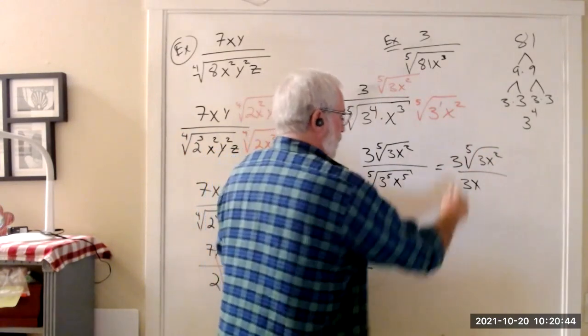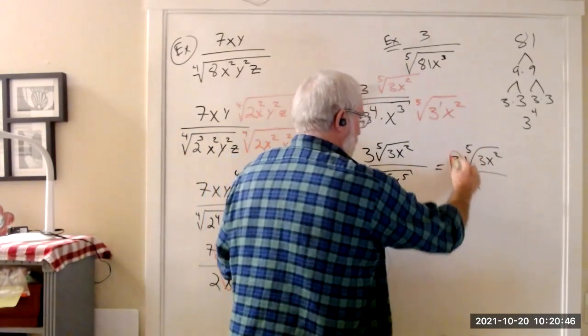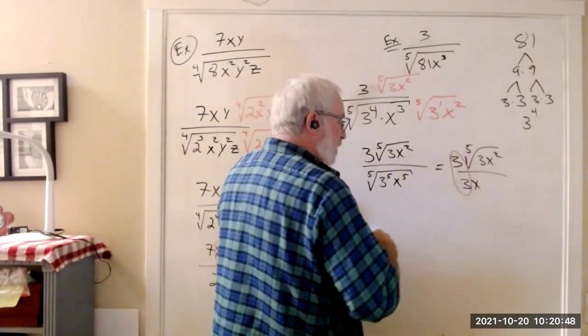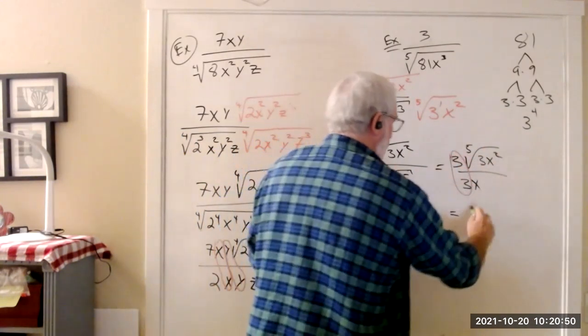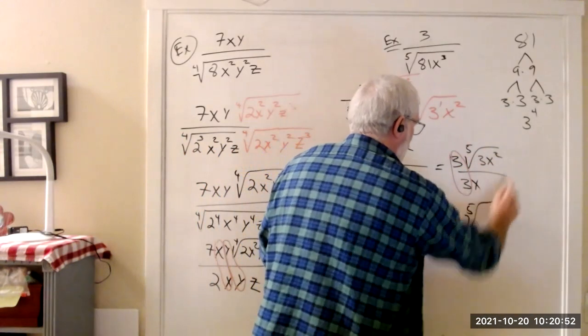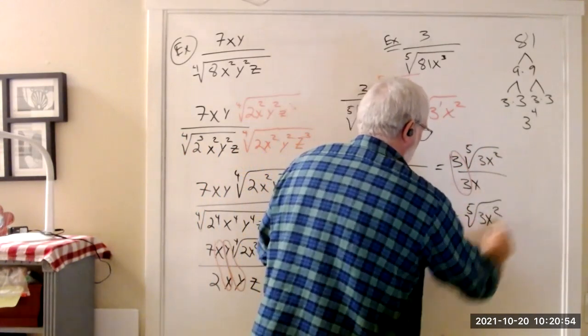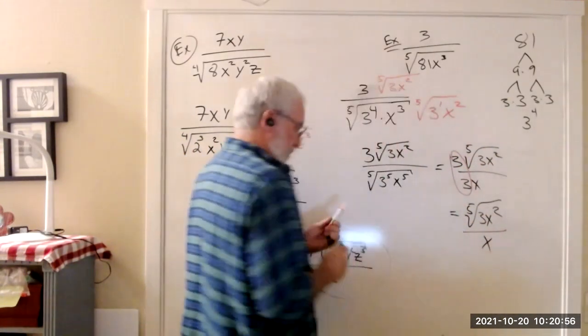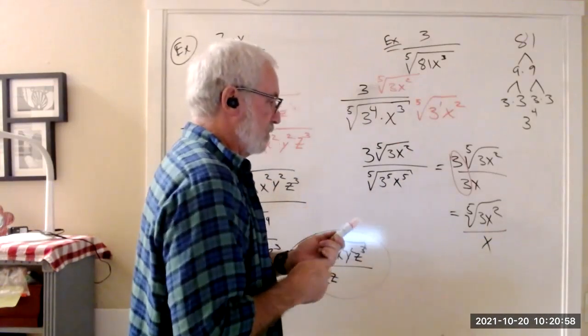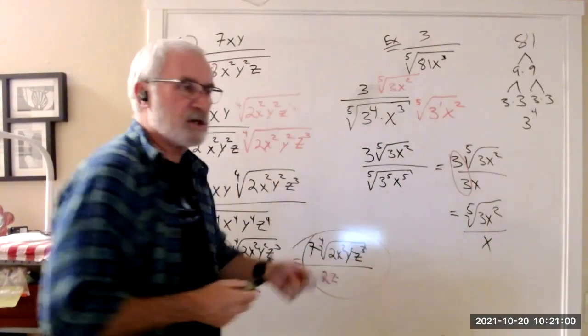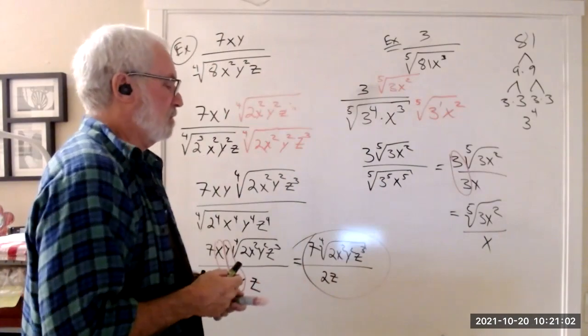Okay, my 3z's will cancel. So my final answer is the 5th root of 3x squared over x. Did you get the same answer? I think I almost got there, but I needed to simplify more.